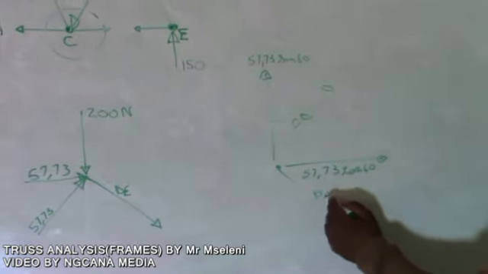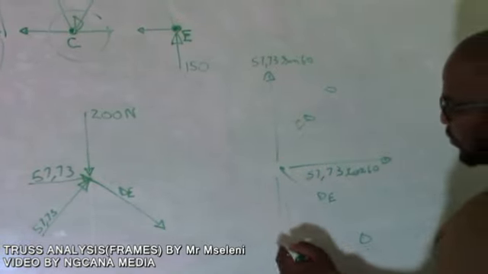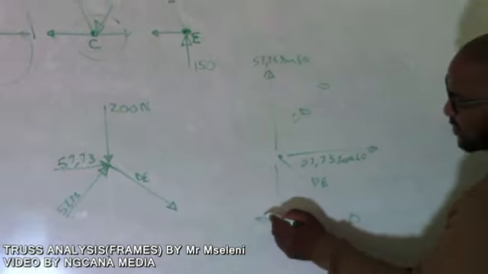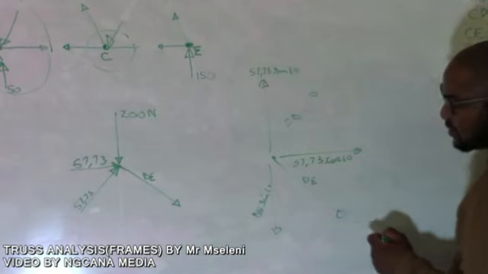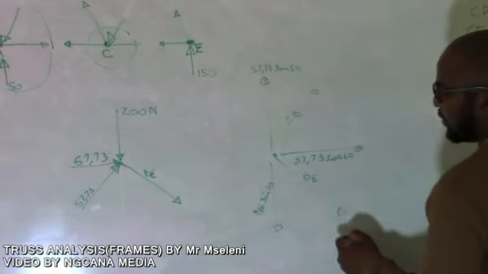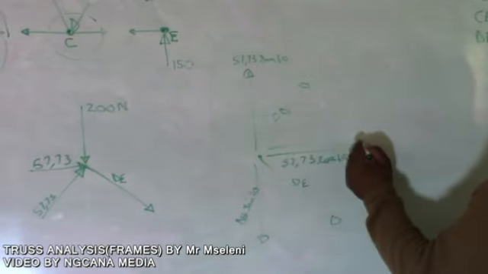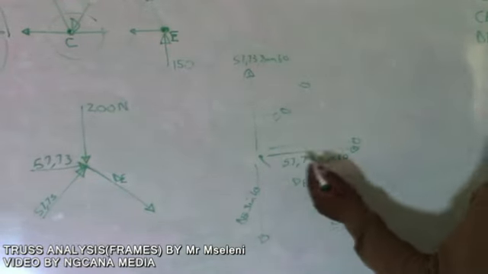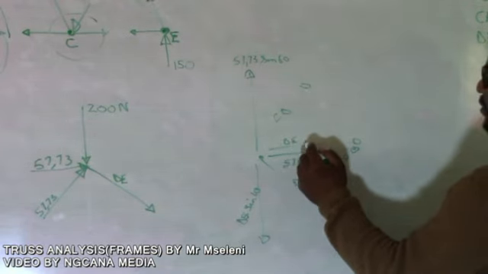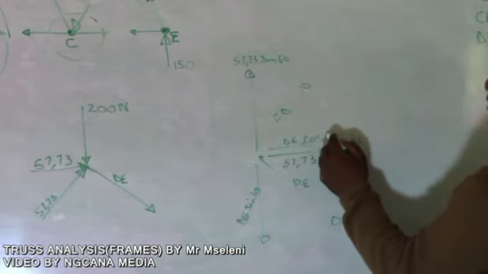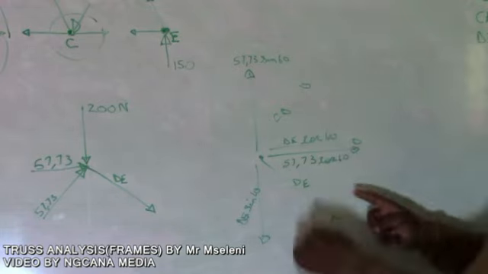Therefore, you're going to have a force which is going down, in the y direction, which is going to be DE sine 60 degrees. And then you also have another component which is coming this way, because the direction of DE is going this way. Therefore, you're going to have your DE cos 60 degrees. Therefore, you're done with DE and CD.